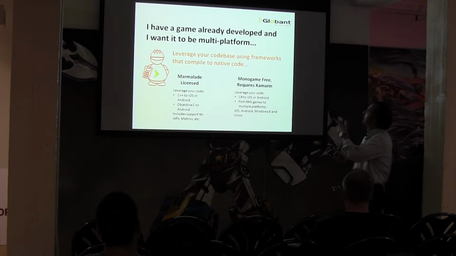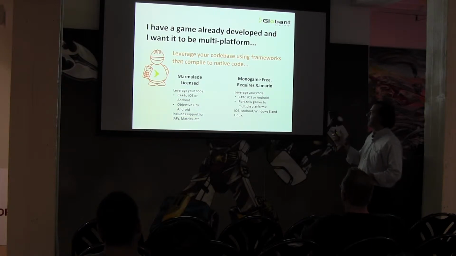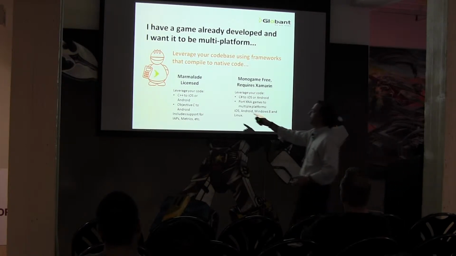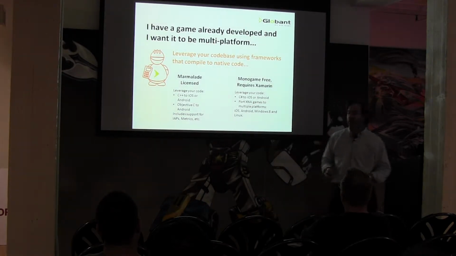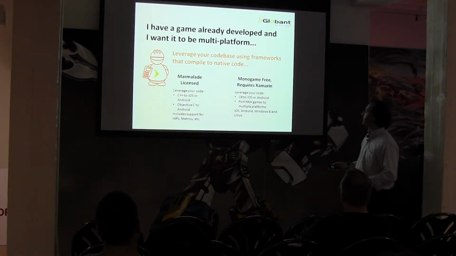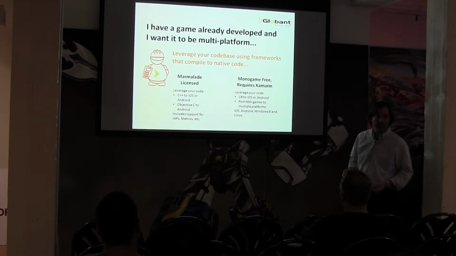So then we talked about instances where, let's say you have a game written, there are chances that the game has been written in C++. So you could use Marmalade to take that C++ code and port it quickly to other platforms. If you have it in C#, you could use the Mono framework.